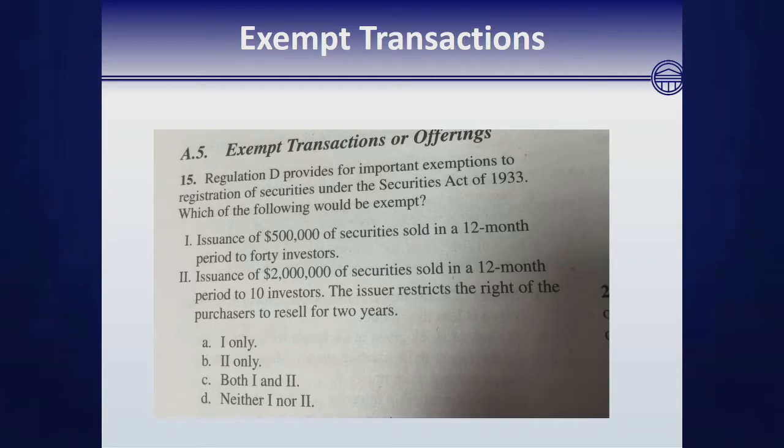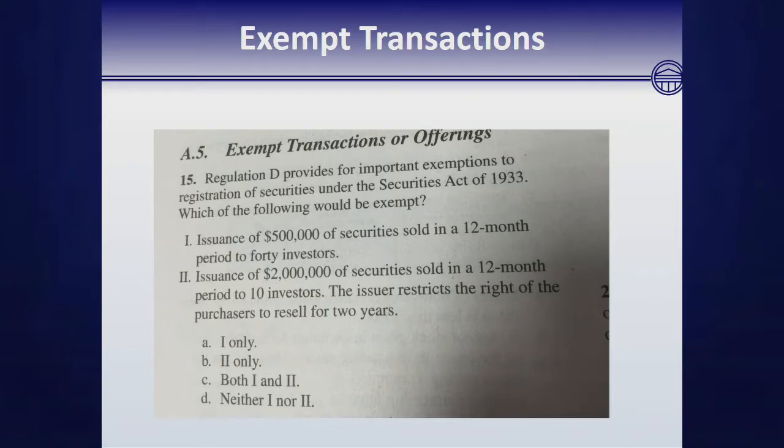Which of the following would be exempt? 1, issuance of $500,000 of securities sold in a 12-month period to 40 investors. And 2, issuance of $2 million of securities sold in a 12-month period to 10 investors. The issuer restricts the right of the purchasers to resell for 2 years. And so the answer to this is C. Both 1 and 2 would be exempt.